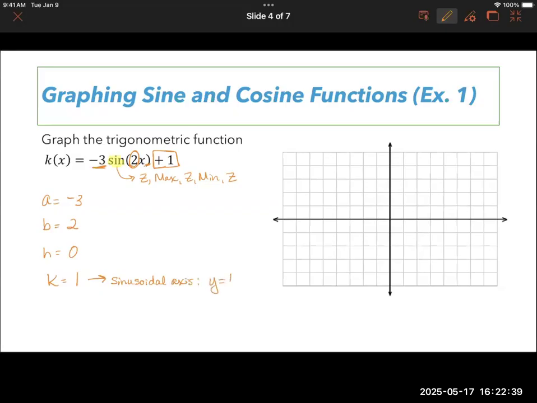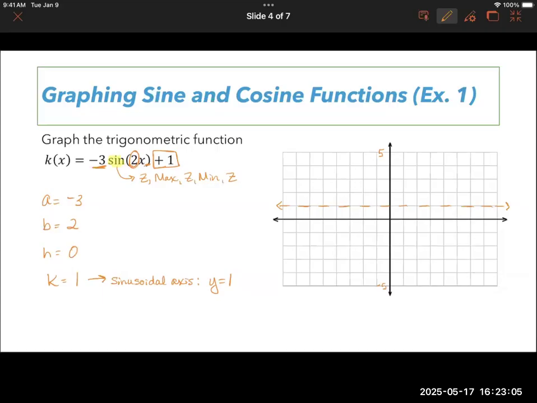It's going to be y equals k or y equals 1. So if I go with a scale of 1, then my sinusoidal axis is now going to be here. So when we talk about zeros, we're now talking about zeros being on that sinusoidal axis, not actually on the x-axis.